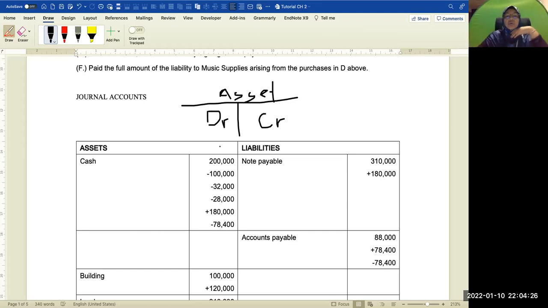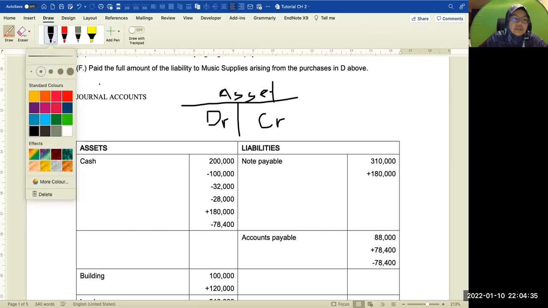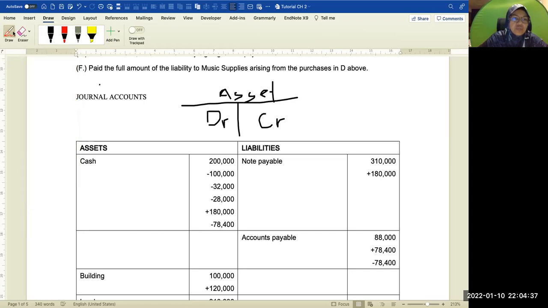Okay. So when you have every T account, the asset will always have a debit balance.